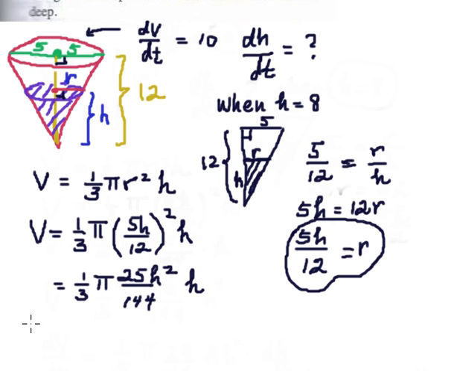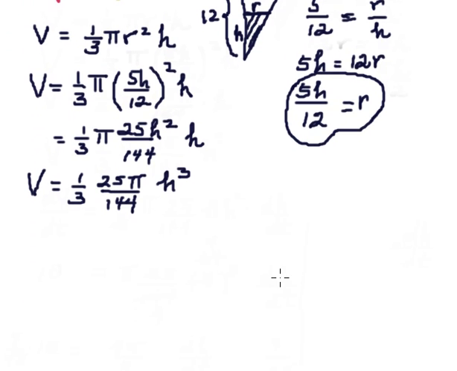All right, let's rewrite. This is all a constant: 25 pi over 144 times 1/3 in front there. That's just a constant, and we'll just keep that in front for now. We've eliminated r. Now we're ready to differentiate our formula for volume.